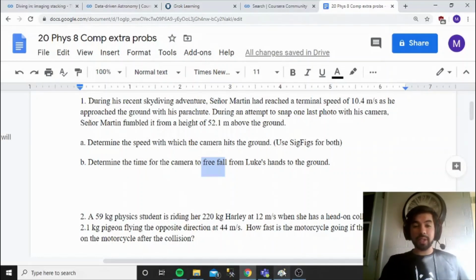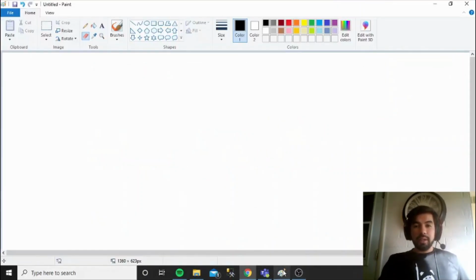So that tells me that, let's write down our knowns. I'm using Paint, so it's a little different, but let's try to see. Let me use something a little thicker.